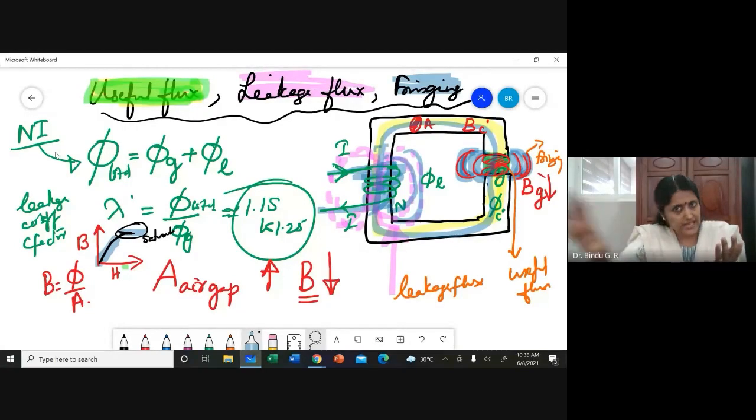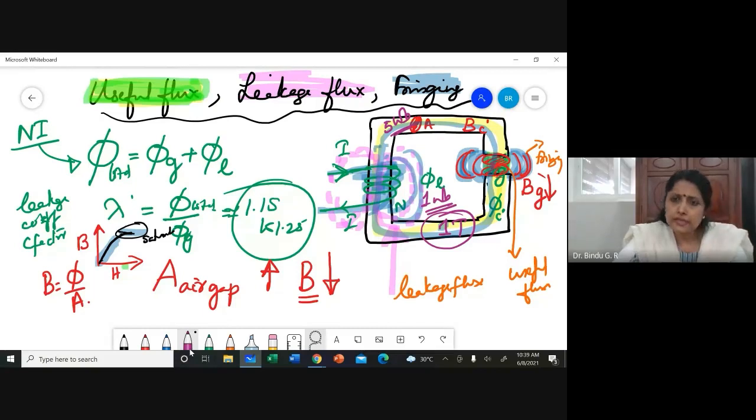Useful flux in the air gap, and leakage flux, which forms new paths within the air and is not useful for us. Because leakage flux occurs, the total MMF needed increases. If I want 1 Tesla of flux density here, or say 5 Weber of flux, and 1 Weber is lost as leakage flux, I may have to push more current.